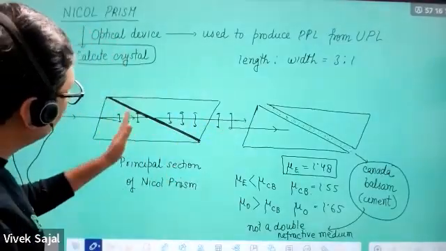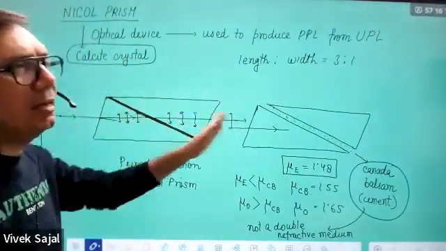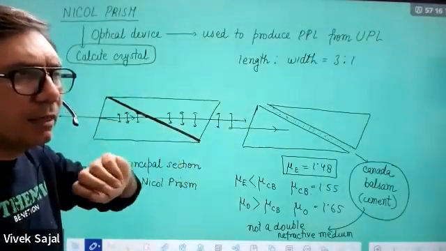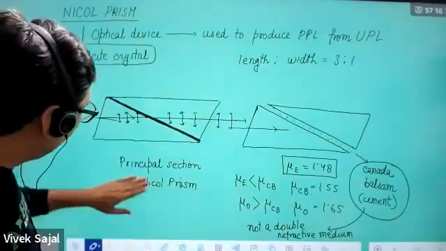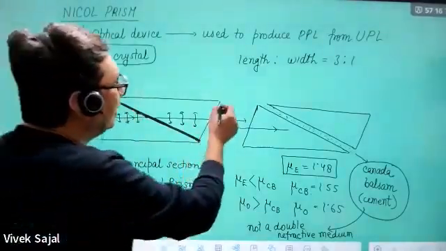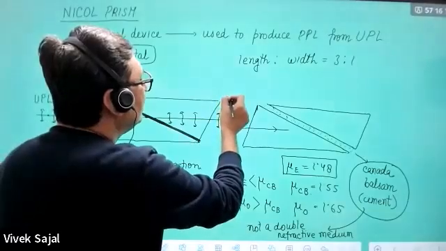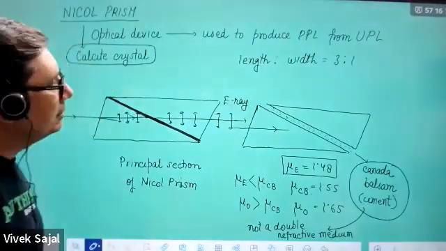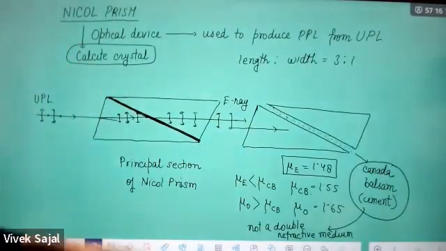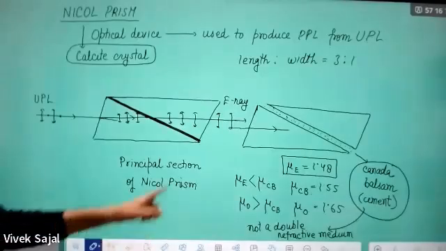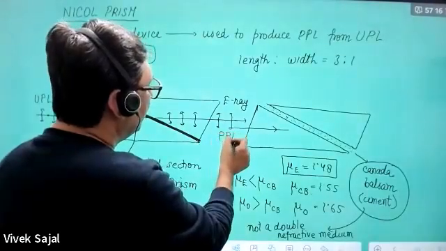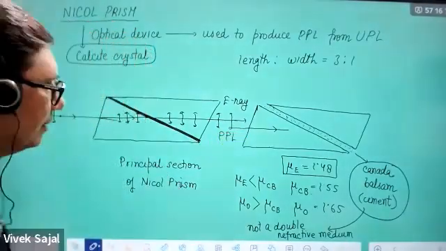These electric vectors behave like the E ray component, the extraordinary ray, because these electric vectors are parallel to the principal section. So from this side you get plane polarized light. That is okay.